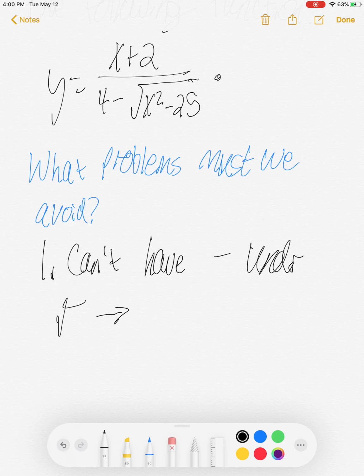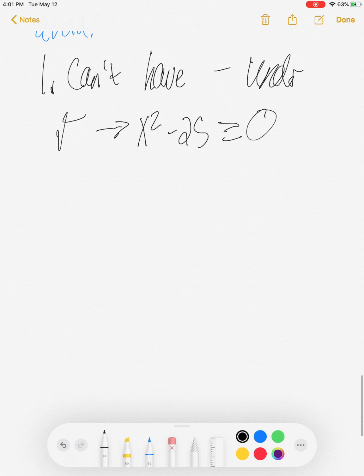Because like we said earlier, I can't take the square root of a negative number, so that wouldn't make sense, and the function would break. So in this case, what does that mean? Well, that means that x squared minus 25 must be greater than or equal to 0. If that is not true, then I'm going to be taking the square root of a negative number, and math is going to break on us.